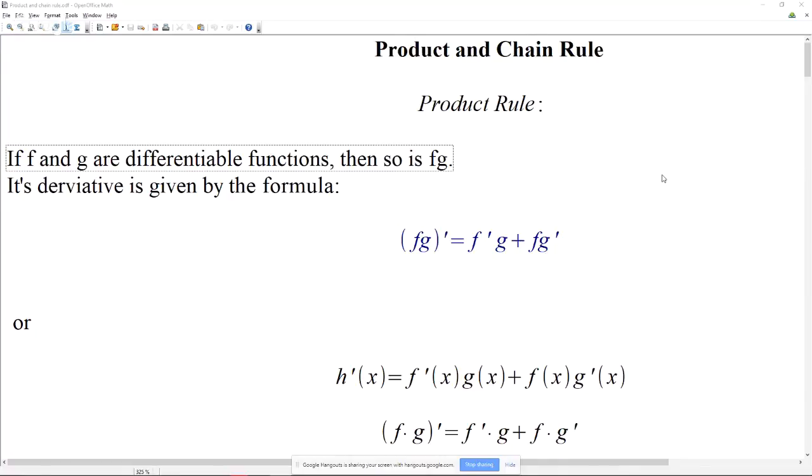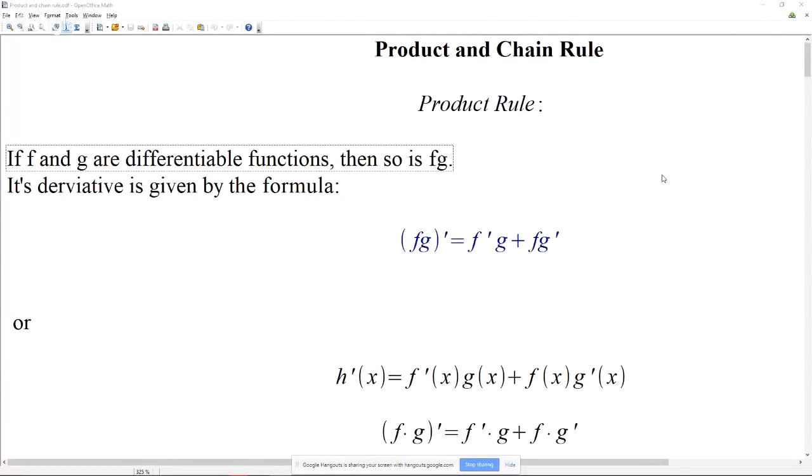The way you do this, though, is a very specific way. You don't just take both functions and multiply them together and get something out of it. It's not like a composite function where you take one function and stick it into another. The way it actually works out is given by this very specific formula. The derivative of f times g is equal to the derivative of the f function times g plus the f function times the derivative of the g function.